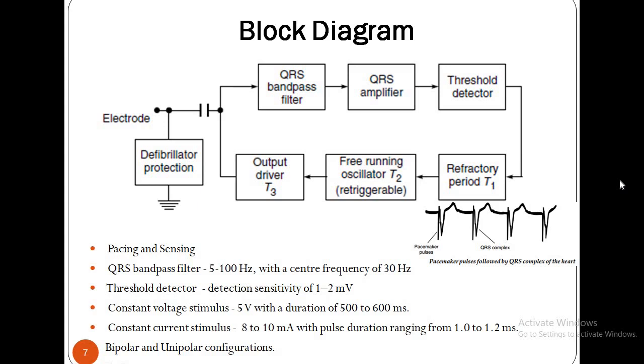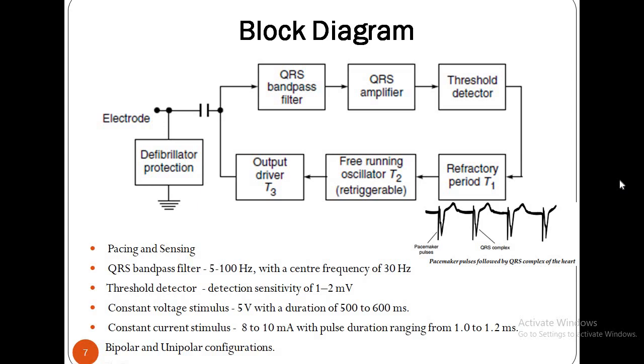Sensitivity of this order ensures a reliable detection of cardiac signals sensed on the electrodes, which typically have amplitudes in the range 1 to 30 millivolts depending on the electrode surface area and sensing circuit loading impedance. A refractory period T1 is necessarily incorporated to limit the pulse delivery rate, particularly in the presence of electromagnetic interference.